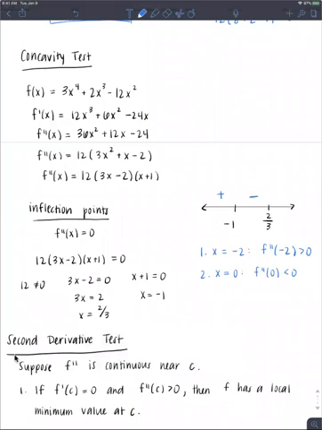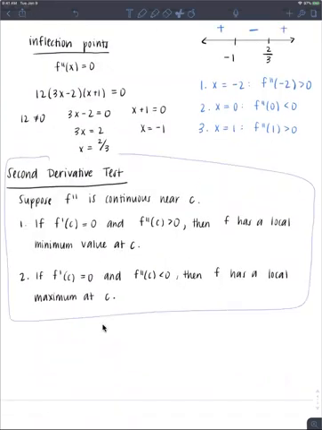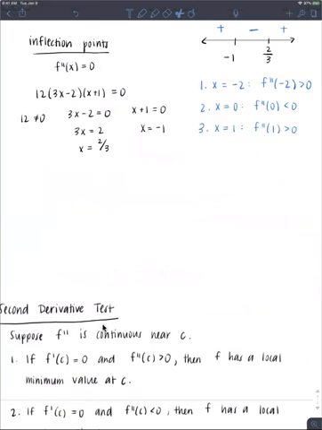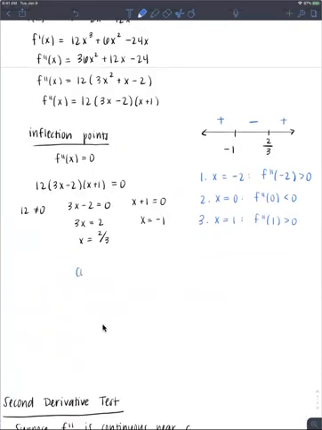And then the third point I'm going to test, I can just do x equals 1 because 2/3 is smaller than 1. And so the second derivative evaluated at 1 is positive. And so here, hang on real quick, I'm just going to move this again. And so here you get that it's concave up.